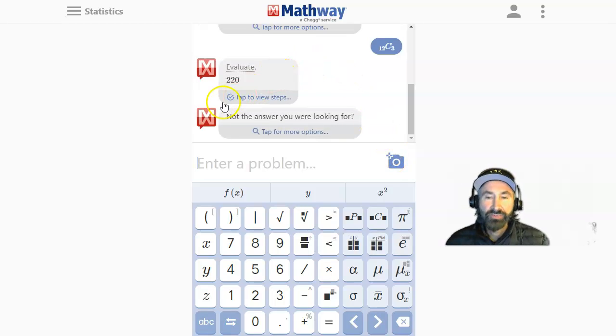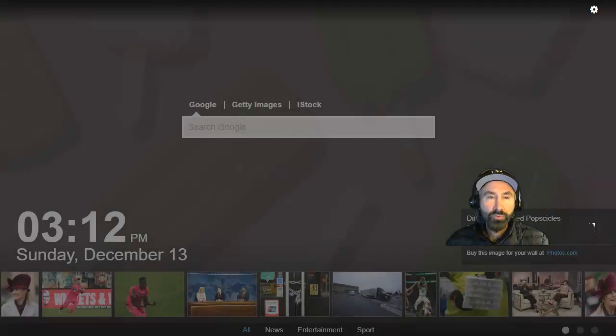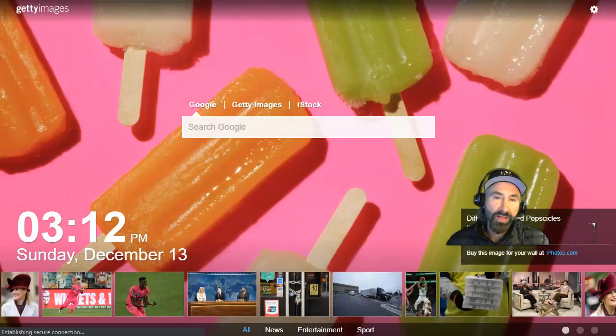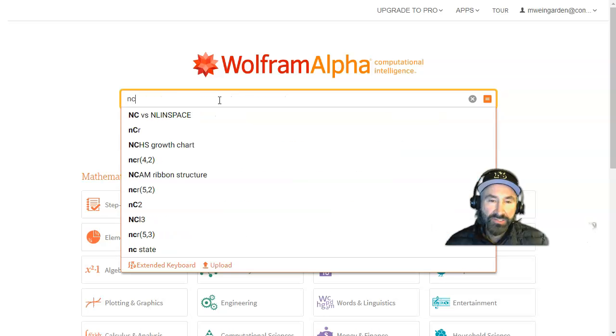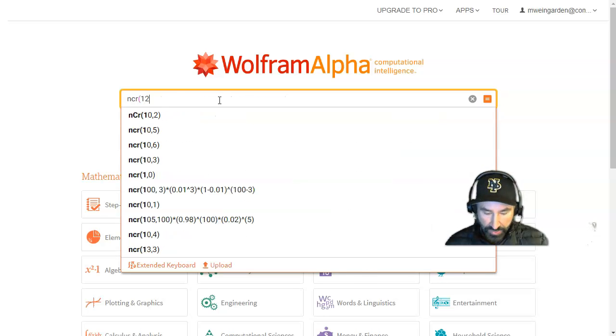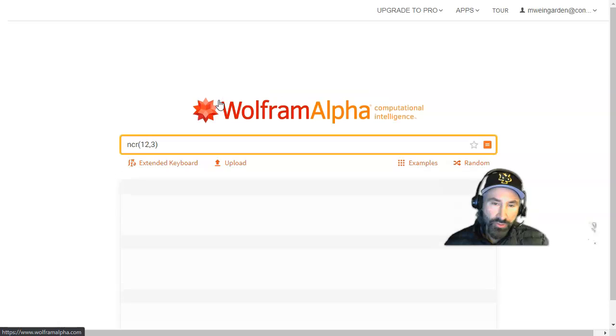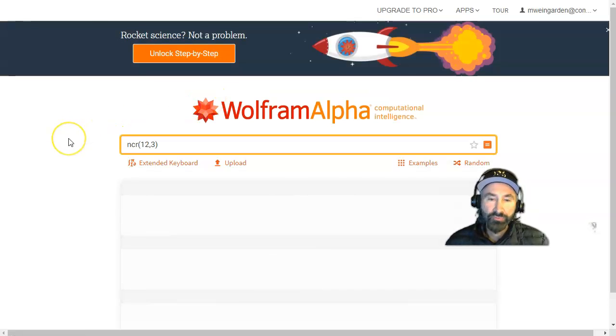And we do the calculation and we get 220. Yay. Now, something I'd like to show you is that there is another cool website called Wolfram Alpha, and Wolfram Alpha will also do this type of calculation. I'm going to go ahead and do nCr 12 comma 3 and show you what the results are when we do this in Wolfram Alpha.